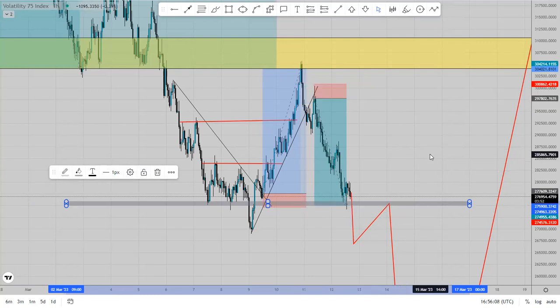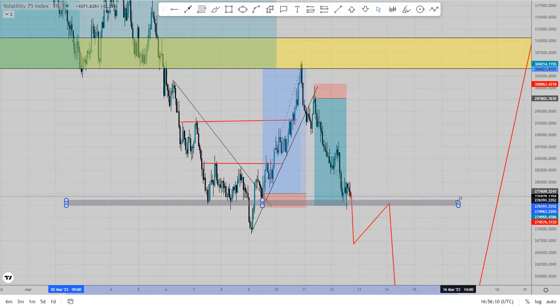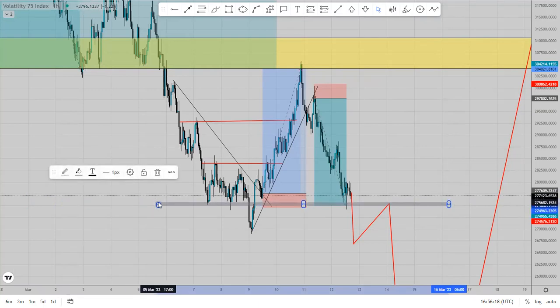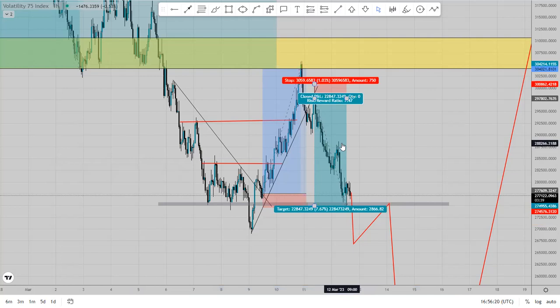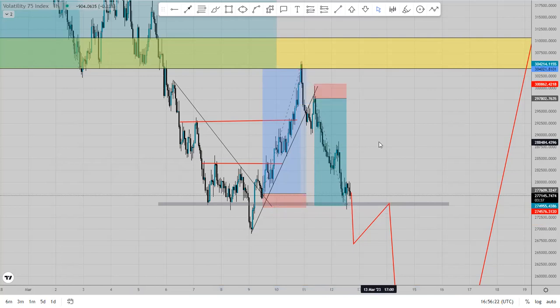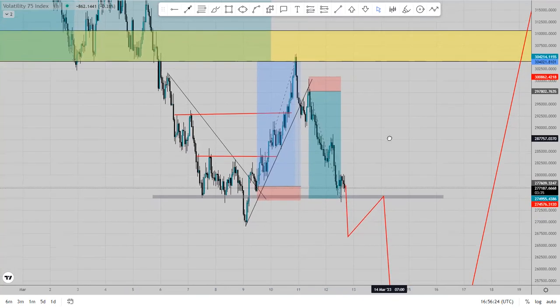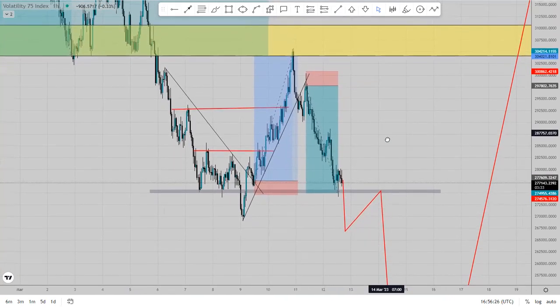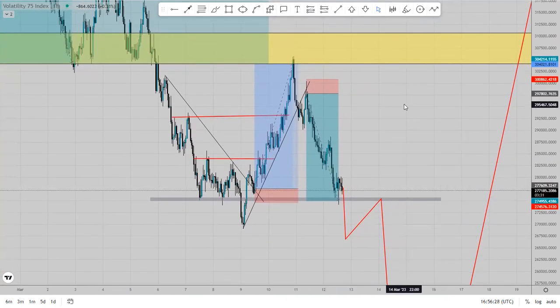So I'm running a trade. I just took it with 0.02. I'm still holding the trade until now. I'm expecting it to go down to the target of a daily time frame, because I just did the trend channel in a 4-hour time frame.